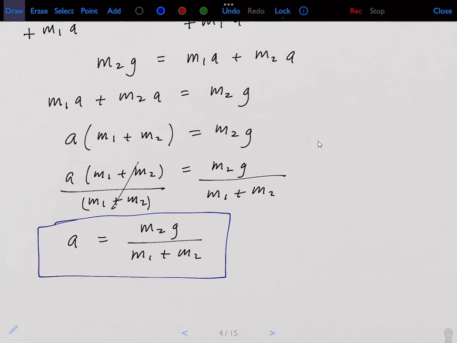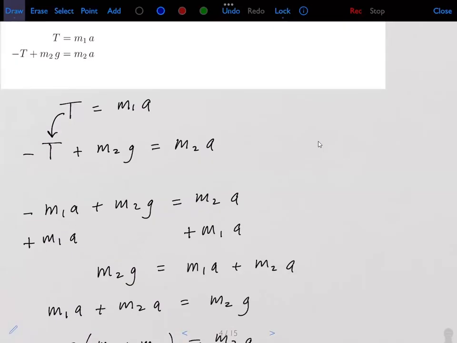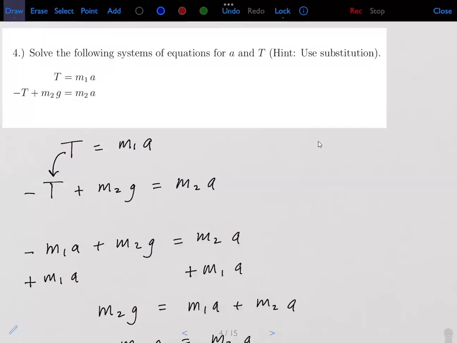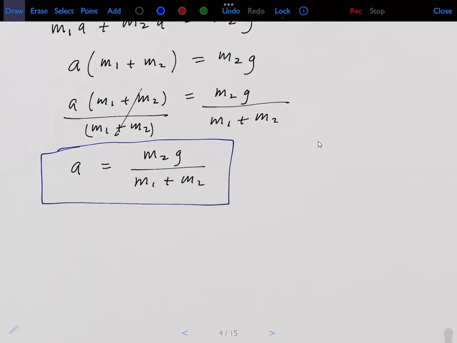Okay, if we want to go back and find t, what we could do is simply plug it back into that first equation, right? Because I have t equals m1a. And I know what a is, I just found a.